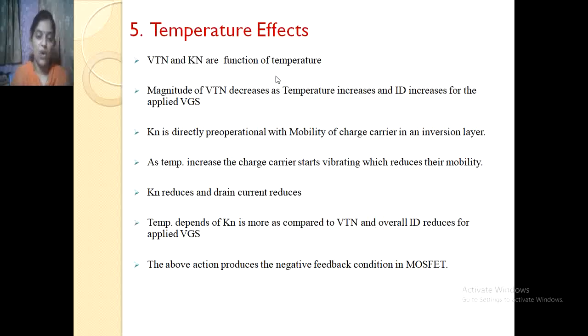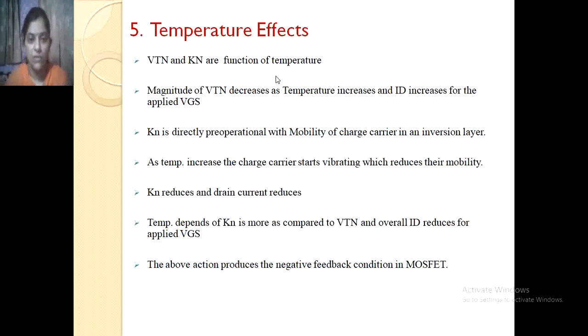Of the Vtn and Kn functions, Kn is more dependent on temperature, so overall ID reduces for applied VGS. Then the above action produces the negative feedback condition in MOSFET. So all the temperature effects mentioned above produce the negative feedback condition in MOSFET.